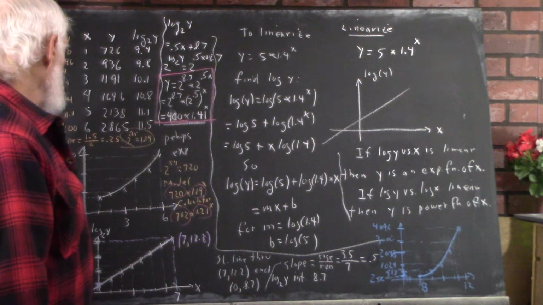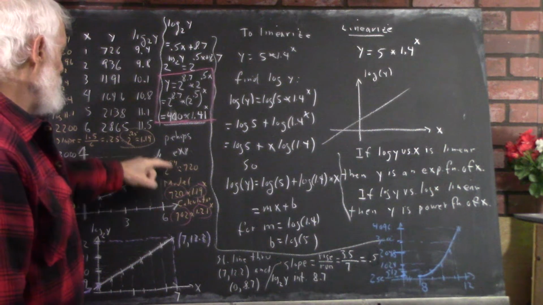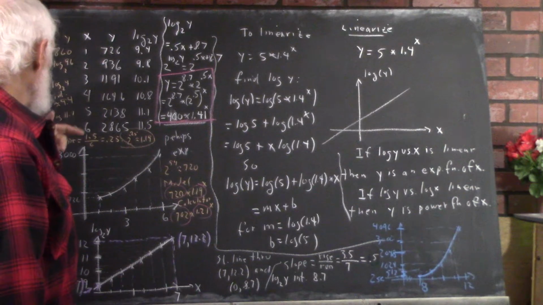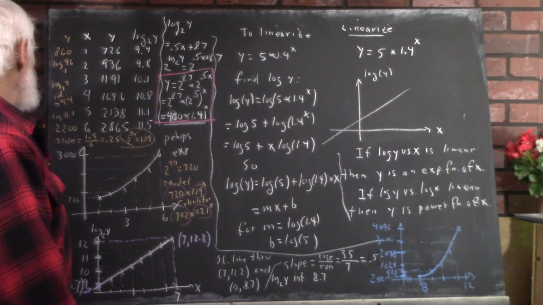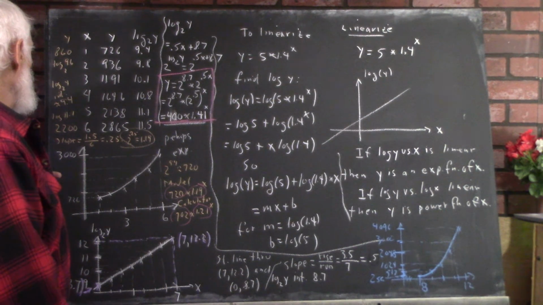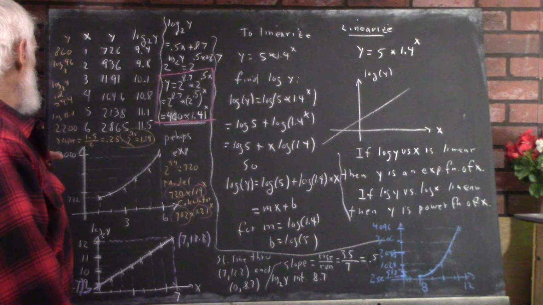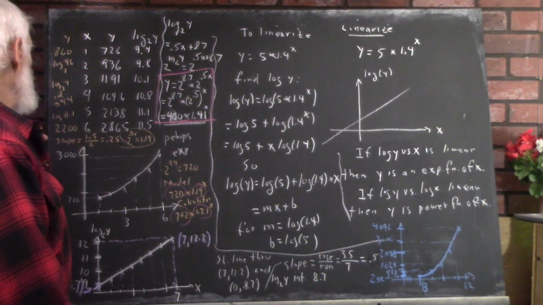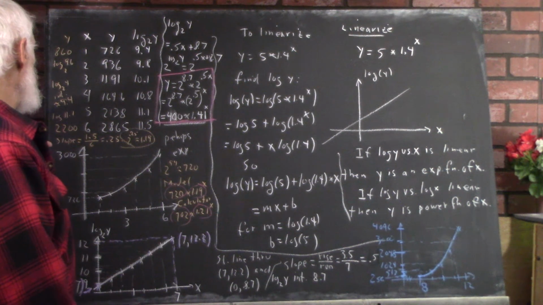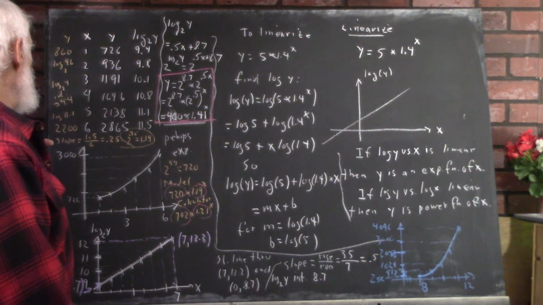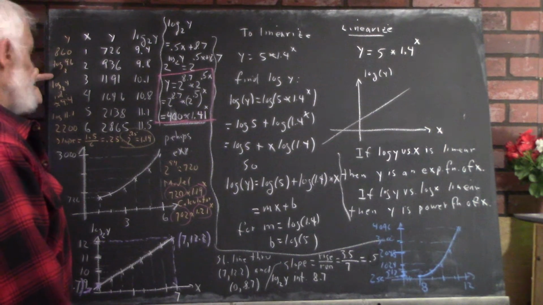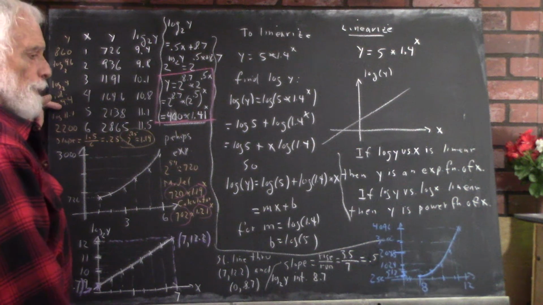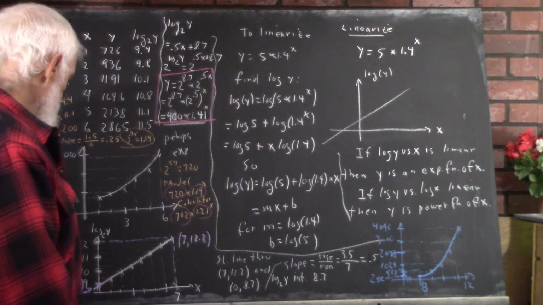And then 2 to the 9.4 is about 720. And where did I get 9.4? We conjecture that the log base 2 of the y-intercept of the function that we get here would be about 9.4 if we did the graph.